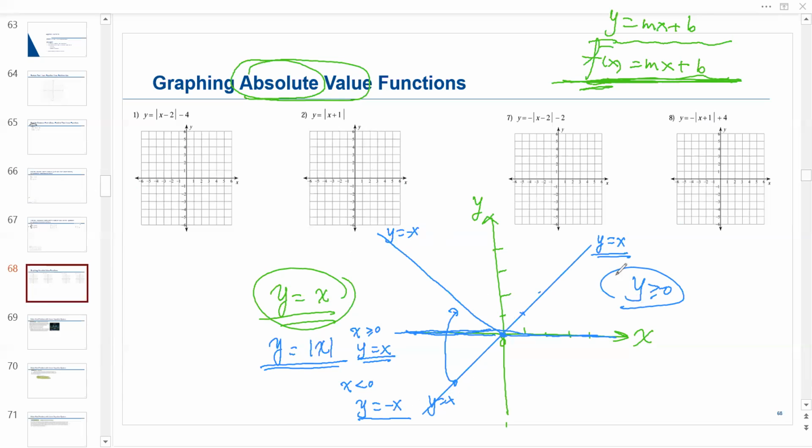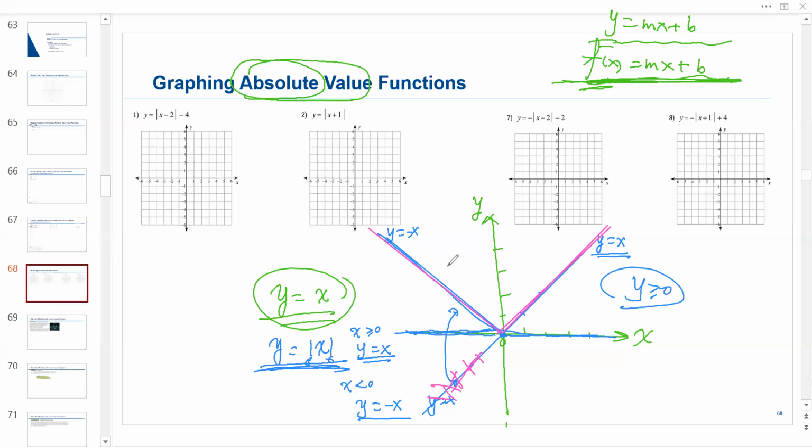So this is a very typical and quick way of understanding how to graph when there is an absolute value in this kind of expression. The graph should look like this: one line is right here, one line is right here. This part is not right, we don't need this part.